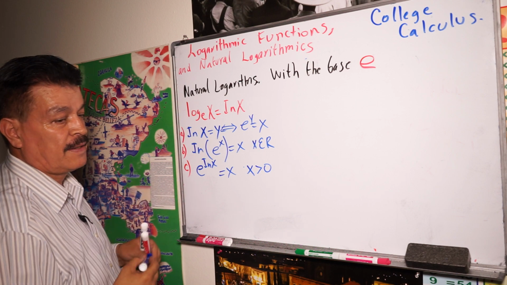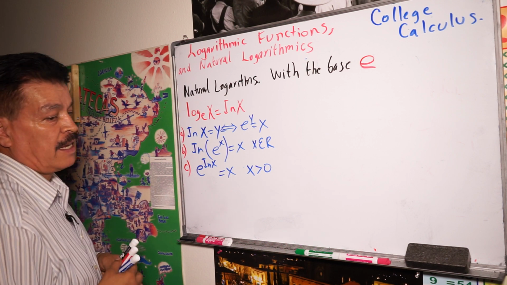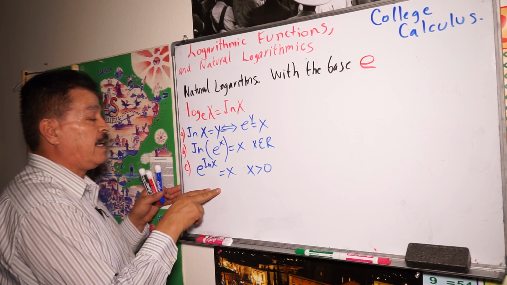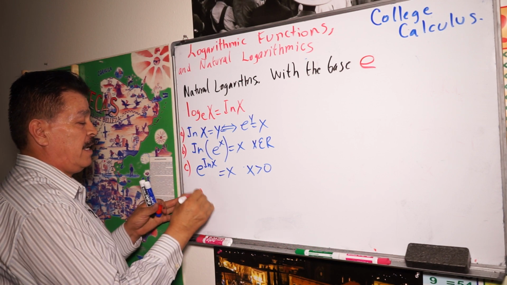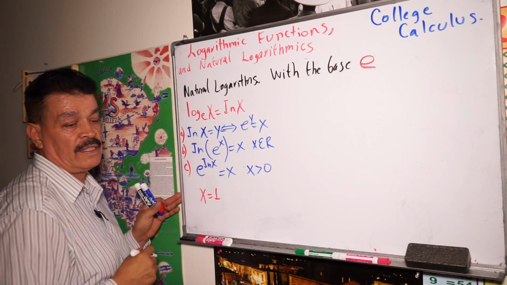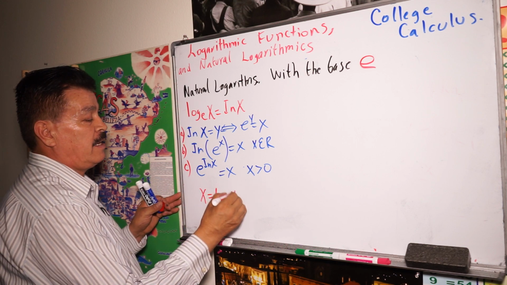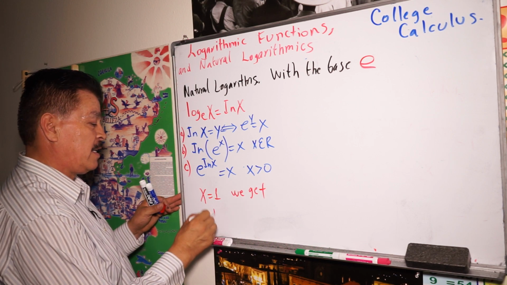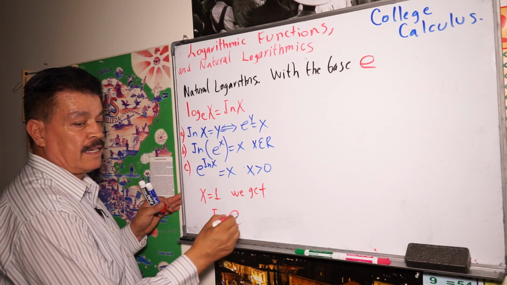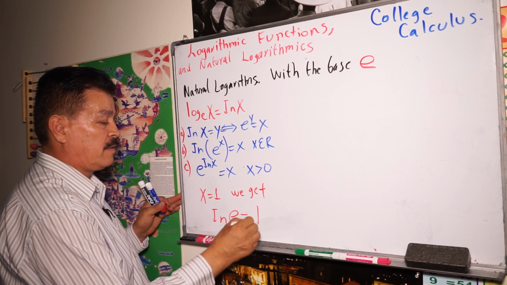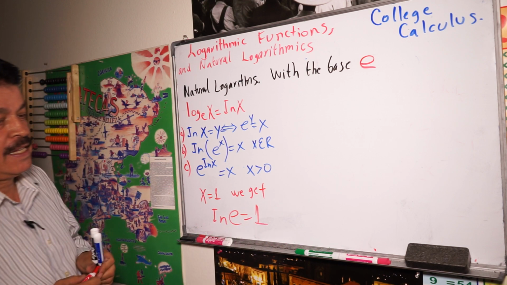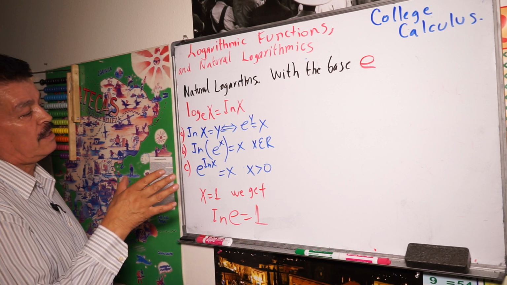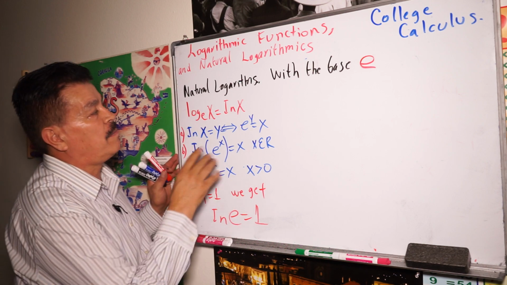For instance, in particular, if we set x equals 1, we get ln e equals 1. In this case, it's just to explain a little bit what I mean.